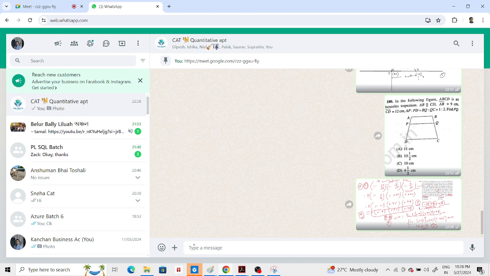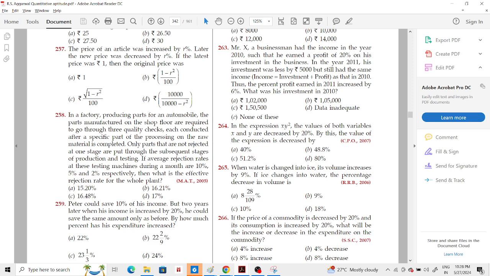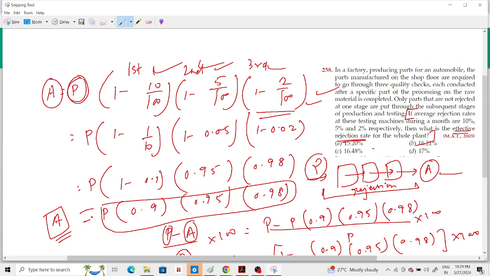The 9:30 will not be possible for me tomorrow. If you want, you can keep it from 8 a.m. No, tomorrow I have class from 8 to 9:30. That is the reason.